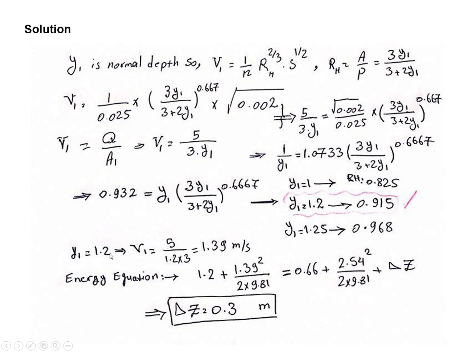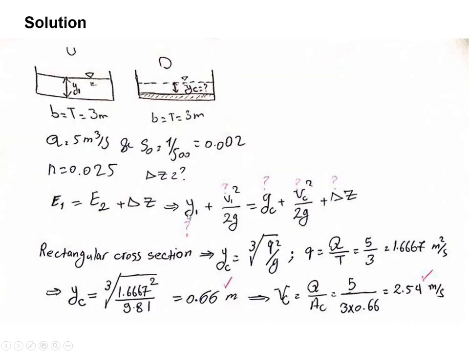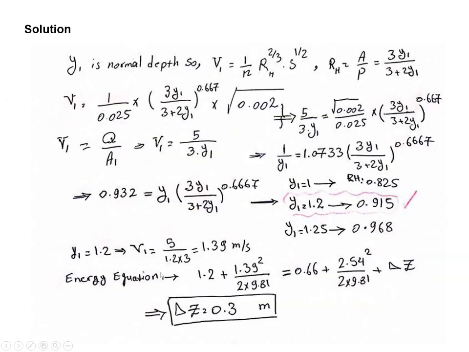If you know y1, and q is at hand, you can calculate v1. I did it, and we find v1 equals 1.39. Now in this equation I have y1 and v1 and also these two terms, and now I can find delta z based on the corresponding values.